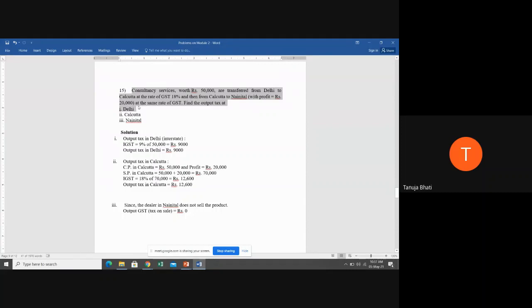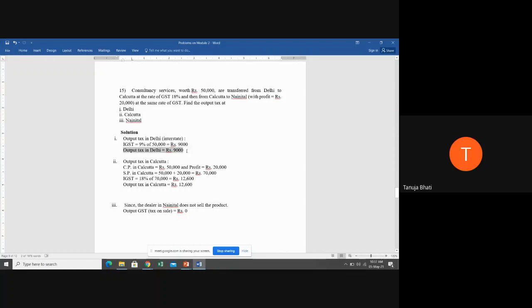So find out the output tax at Delhi, at Kolkata, and at Nainital. See, again, output tax is nothing but the tax on your sales. From Delhi to Kolkata, it is an interstate supply, so you are going to charge IGST.